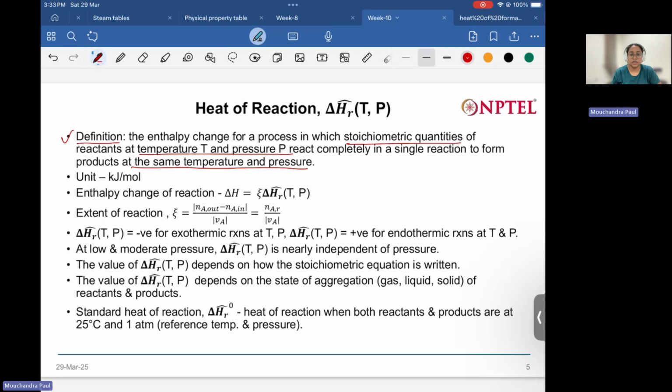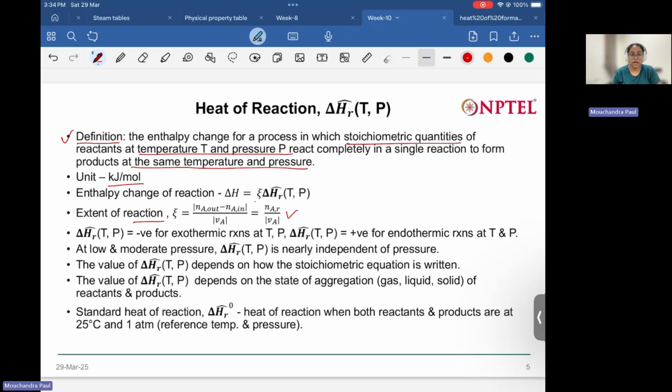It is defined with the unit kilojoule per mole. All right. And you can calculate the enthalpy change of the reaction if you are given the heat of the reaction, and you can calculate the extent of the reaction from the reaction equation given. So from the reaction equation, you can calculate the extent of the reaction with this equation, where, let's say, for component A, A is a reactant.